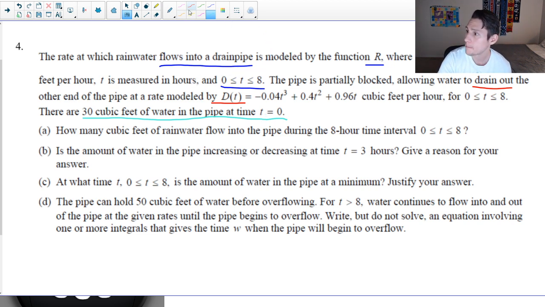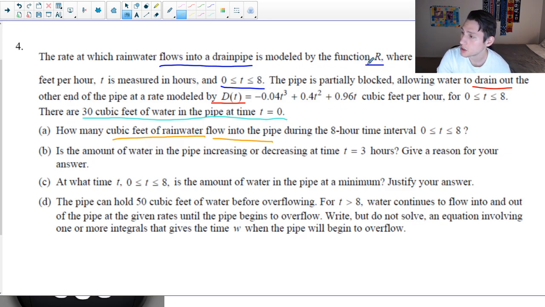So part A. How many cubic feet of rainwater flow into the pipe during the 8-hour time interval? Think of what we know.